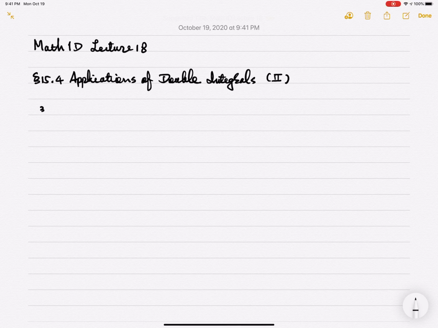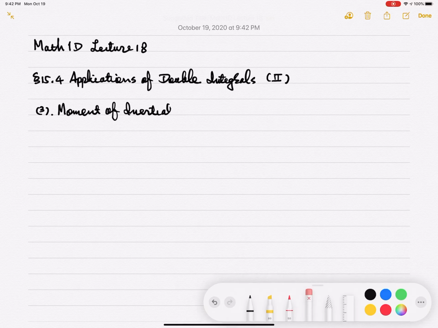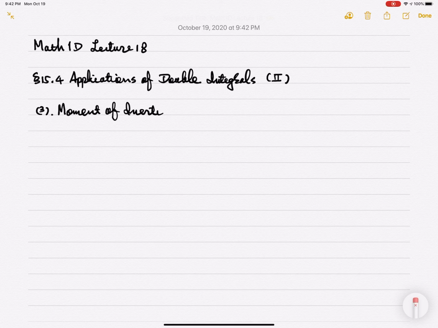So we say third application, and this is from physics: moment of inertia. Sometimes we call it the second moment.